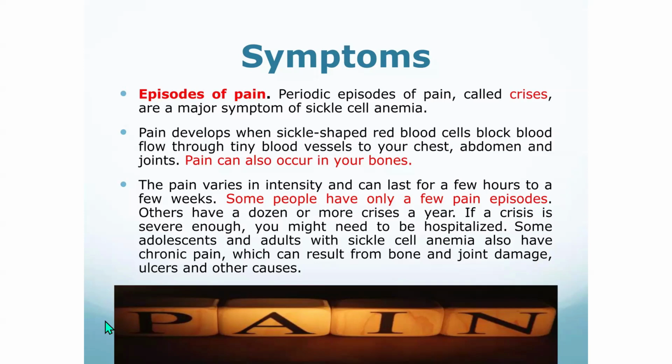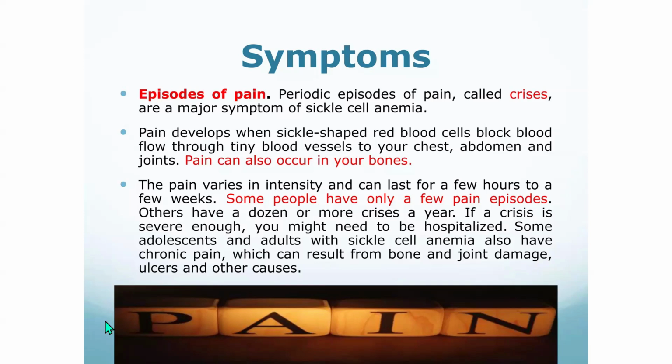Some people have only a few pain episodes. Others have a dozen or more crises a year. If a crisis is severe enough, you might need to be hospitalized. Some adolescents and adults with sickle cell anemia also have chronic pain, which can result from bone and joint damage, ulcers, and other causes.